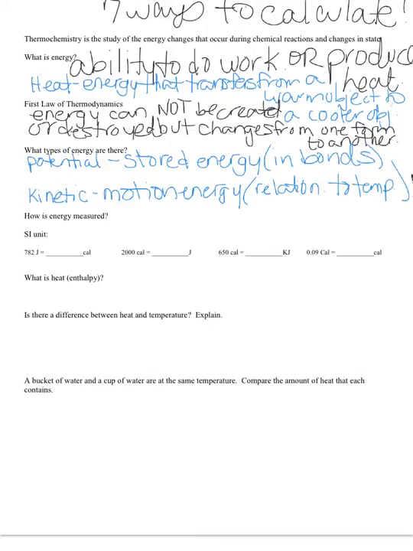Okay, so kinetic energy, we're looking at the motion, that the particles are moving, and for us, we're relating that to temperature, and that's how we're able to read their ability to move. Potential energy is where we're going to start studying their bonds and how much energy is inside those bonds.